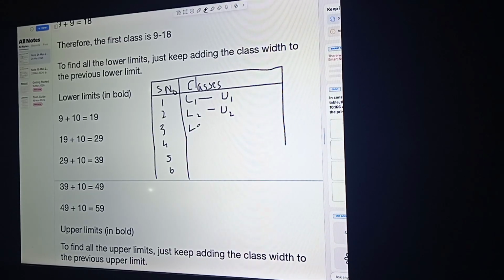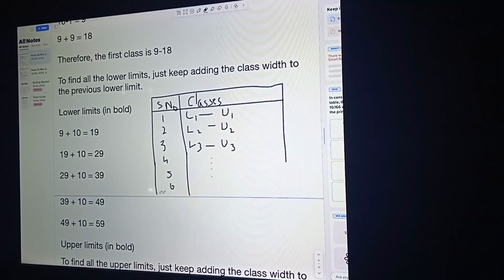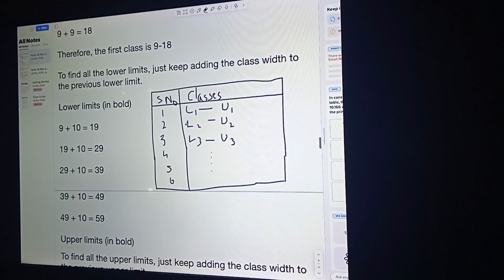Lower limit of the third class, and the lower limit of the fourth class, and so on. Now as k is equal to 6, we have to draw 6 classes. The class width is the difference between these two limits, that is upper limit minus lower limit.